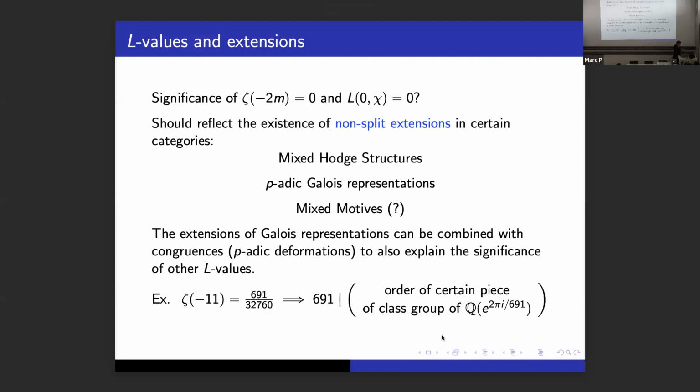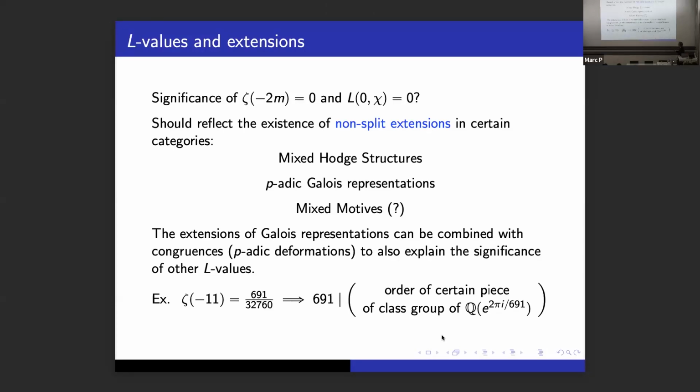Over the years, reflection on these values has led number theorists, algebraic geometers and arithmetic geometers to expect that this kind of vanishing should reflect the existence of non-split extensions in certain categories. The categories that people talk about are the categories of mixed Hodge structures. The categories for people like me are p-adic Galois representations.